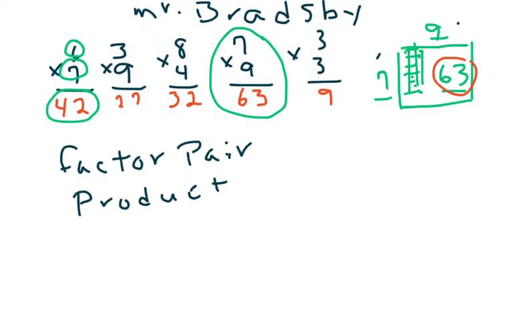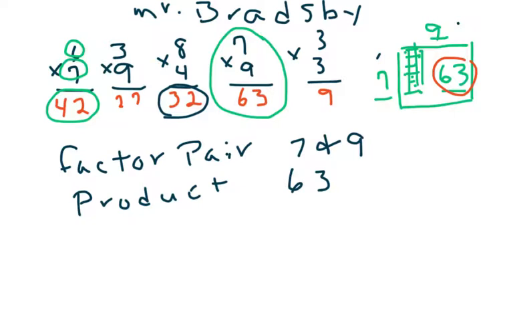So here we're looking at 7 times 9 is 63, so the factor pair would be 7 and 9, and the product, the answer, is 63. So there is some terminology, some mathematics, when we talk about multiplication or when we talk about division. Usually we're talking about division, though, when we say, what are the factors, say, of 32?